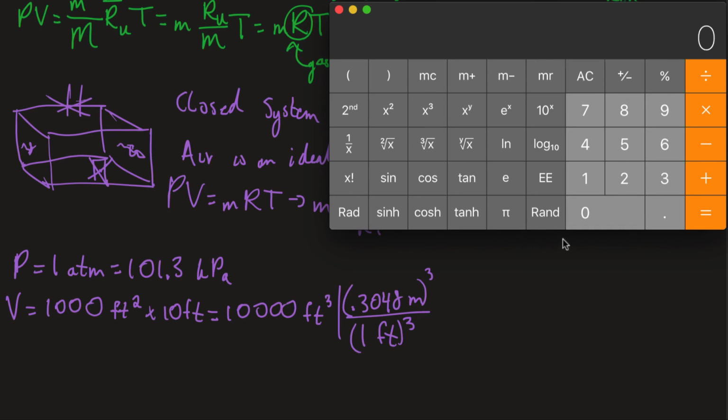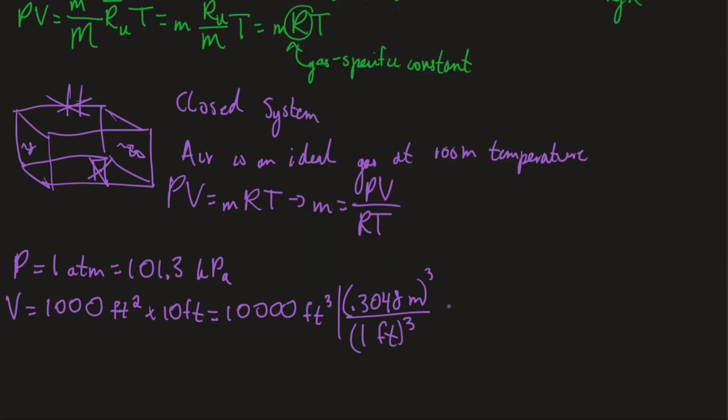This is 0.3048 cubed times 10,000. That gets us about 283.17. Now we have meters cubed.